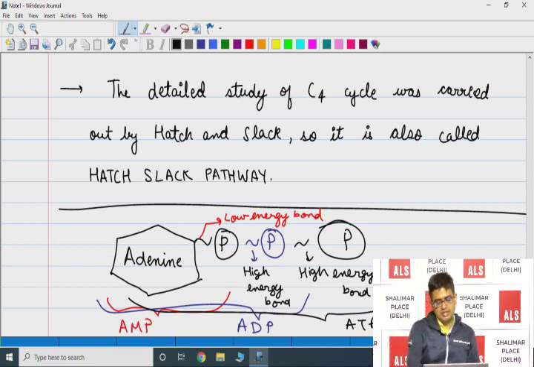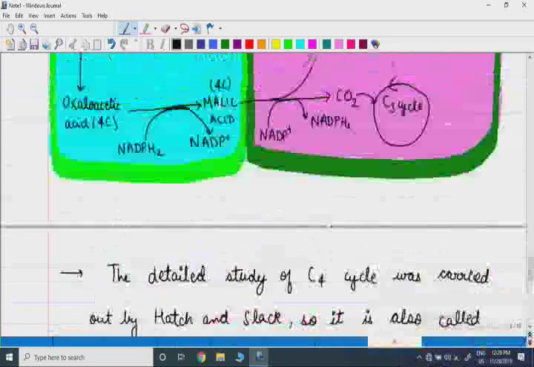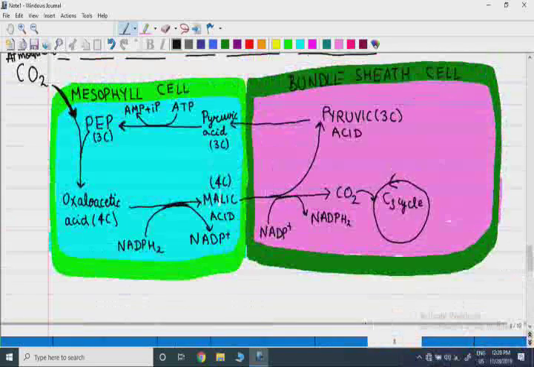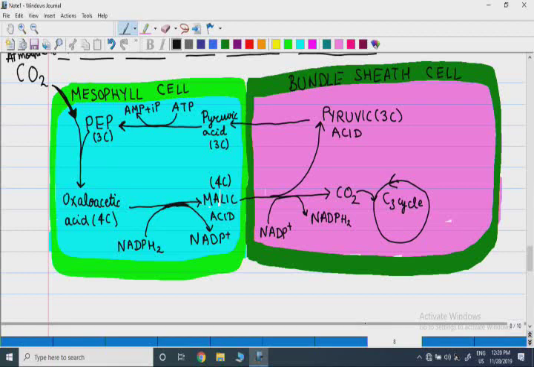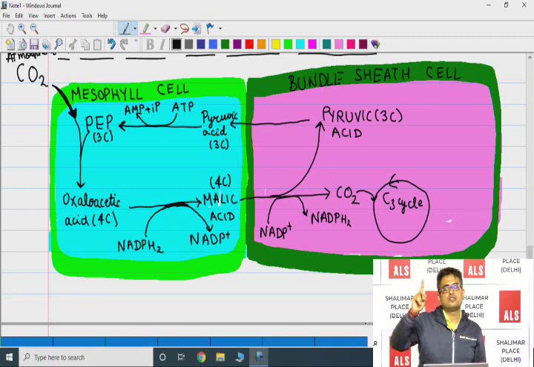Now students, let's come back here. What is the energy requirement of C4 cycle? To make phosphoenol pyruvic acid from pyruvic acid you are consuming 0 NADPH2, because one is consumed, one is liberated. You can see it here, right?